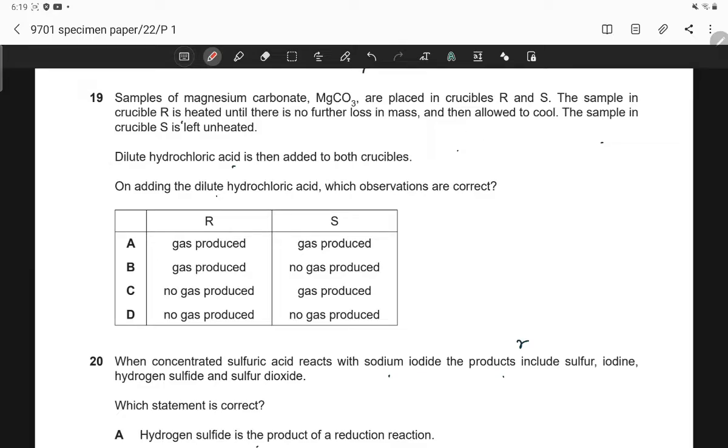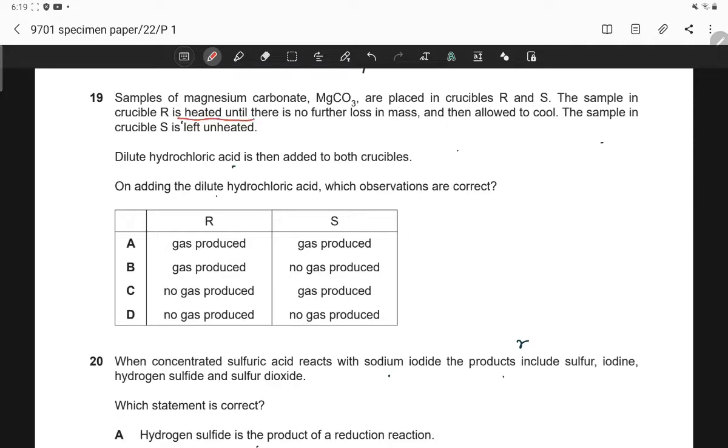The sample in crucible S is left unheated. Dilute hydrochloric acid is then added to both crucibles. On adding the dilute hydrochloric acid, which observations are correct?